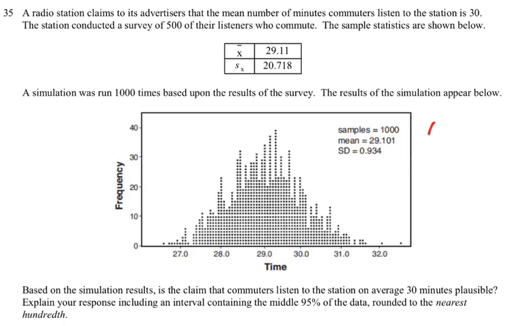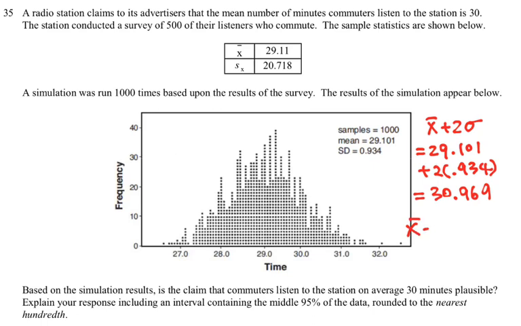All right. Now, first, we're looking for the middle 95% confidence interval. So that means we are looking at 2 standard deviations above the mean and 2 standard deviations below the mean. So that middle 95% goes as high as 30.969, and then it goes as low as 27.23. The mean and standard deviation come from here, obviously.